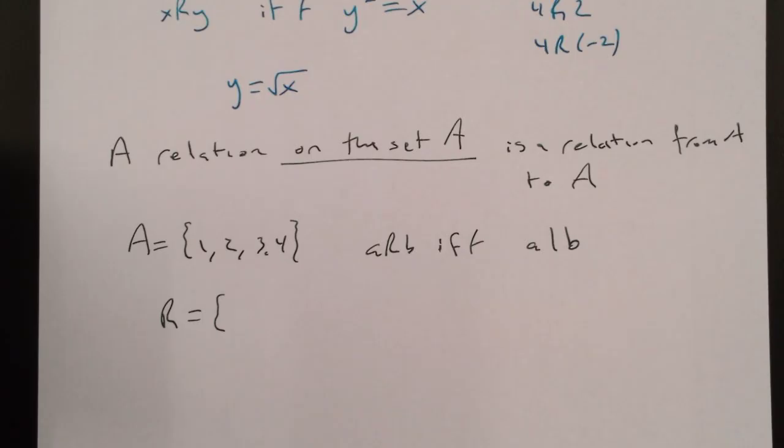How many ordered pairs do you have? You have 8. Does anybody else have 8?